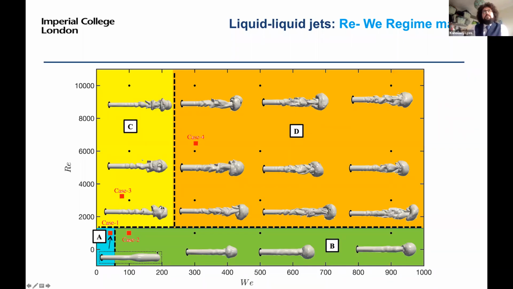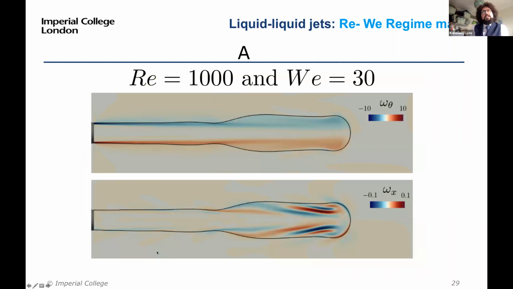The simple case I'm going to show you is Reynolds 1000, Weber 30, and this is the type of jet that you have, a really clean stream. The field here is the azimuthal vorticity component, and here is the axial vorticity component. Clean, okay, everybody's happy.